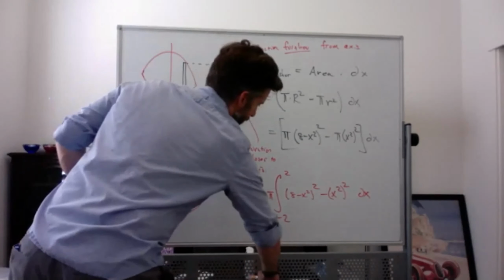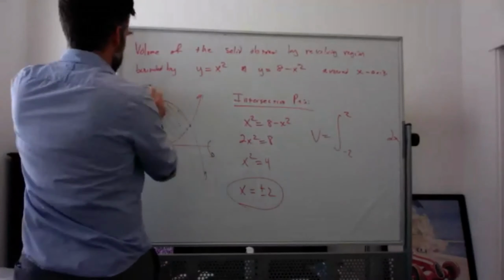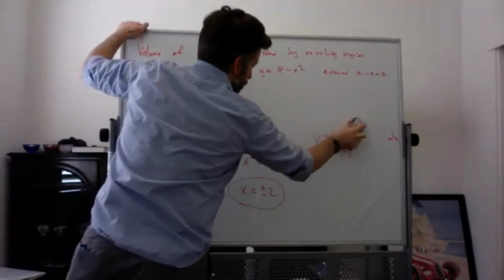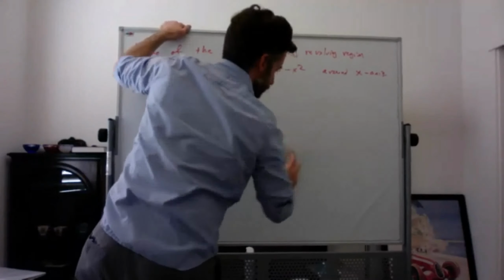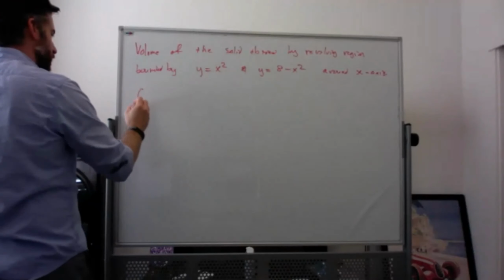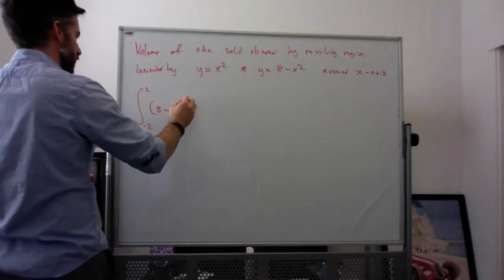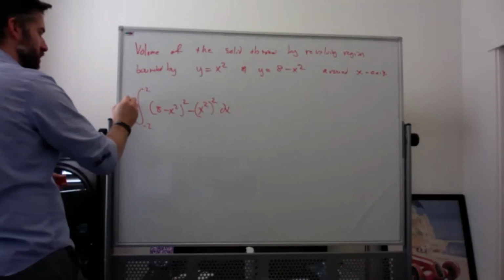So going back to the other side, I've got the integral from -2 to 2 of 8 minus x squared, squared, minus x squared, squared, dx, times pi.